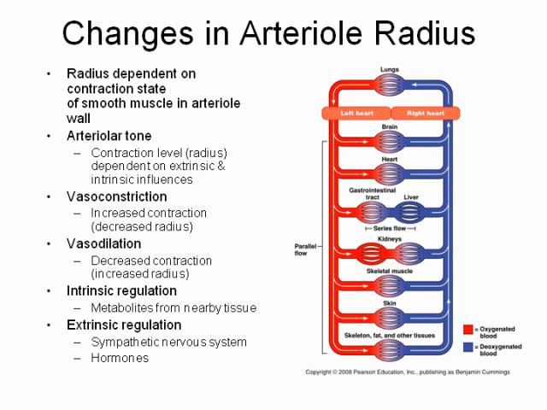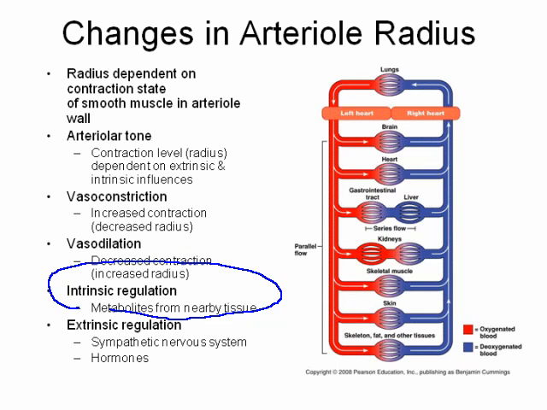And intrinsic influences are largely related to metabolites. So vasoconstriction is an increased contraction or decreased radius. We've already talked about these terms before. Vasodilation is a decreased contraction or an increased radius. Vasoconstriction increases resistance. Vasodilation decreases resistance.